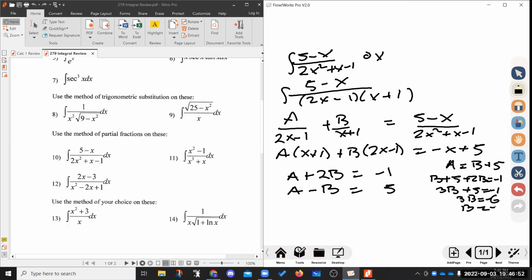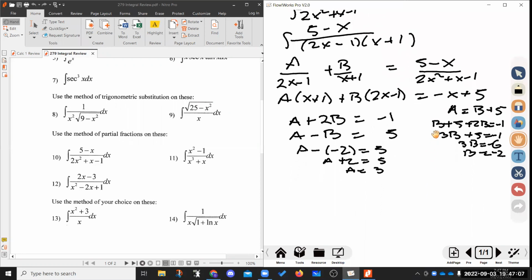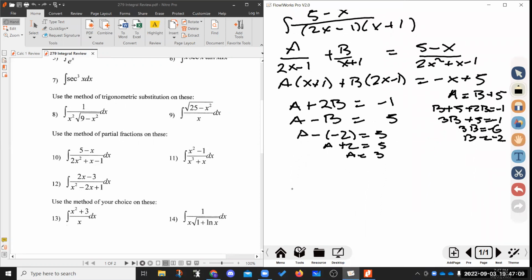B equals -2. If B is -2, A minus -2 is equal to 5. So A plus 2 is equal to 5. A is equal to 3. All that is set up to say that A is 3 and that B is -2.